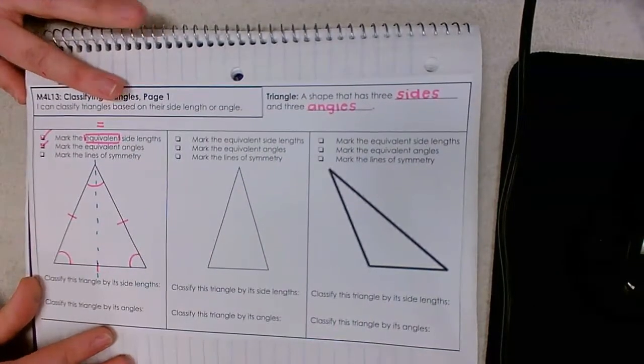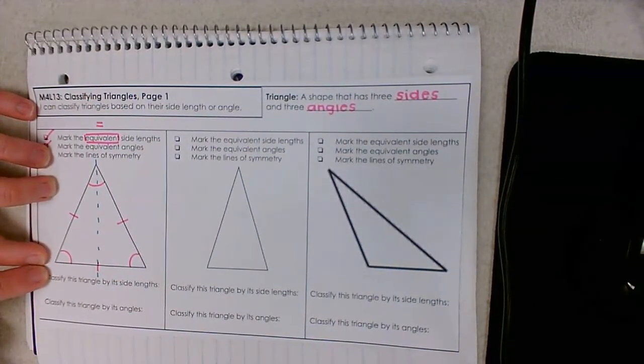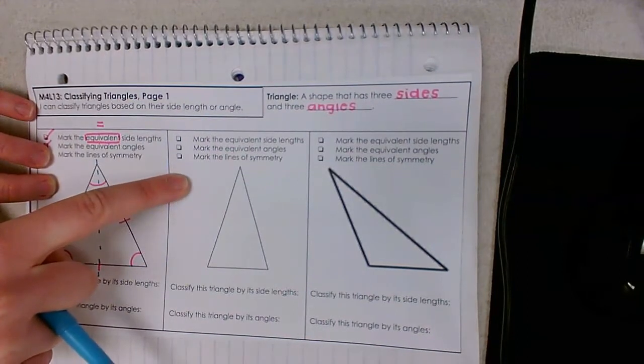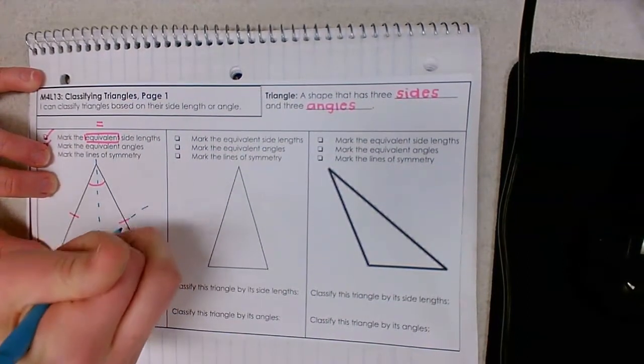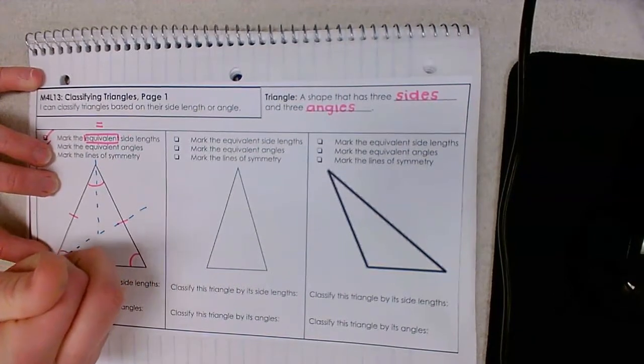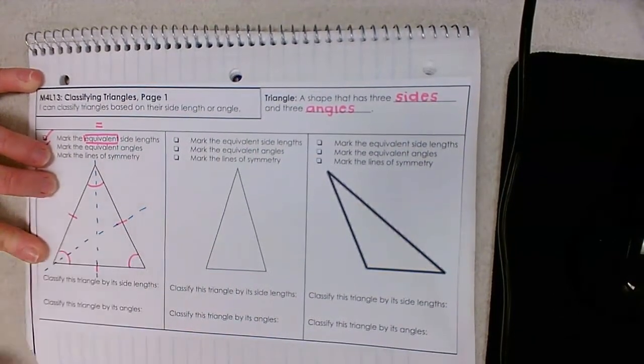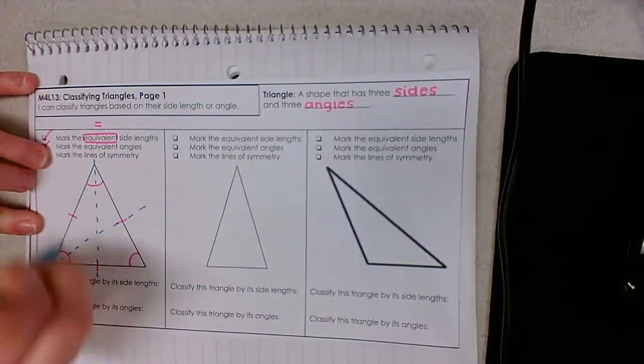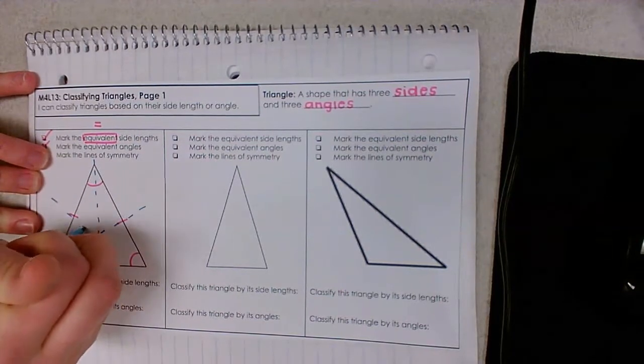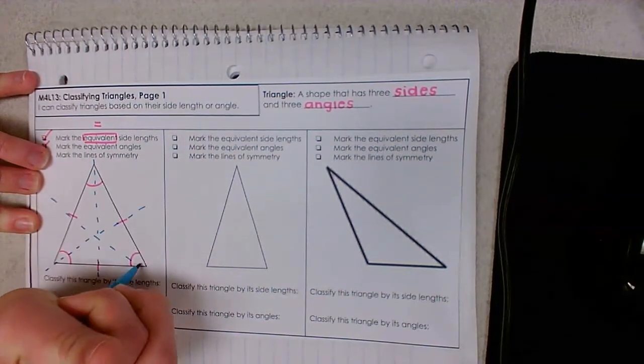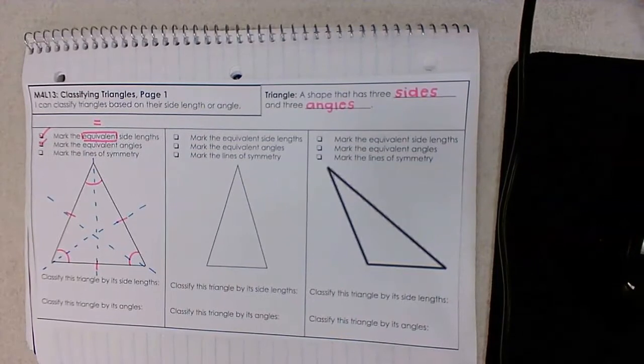Because I have all equal sides, as long as my line of symmetry begins at the point, I can fold my triangle in half diagonally this way. I can fold my triangle in half diagonally the other way.